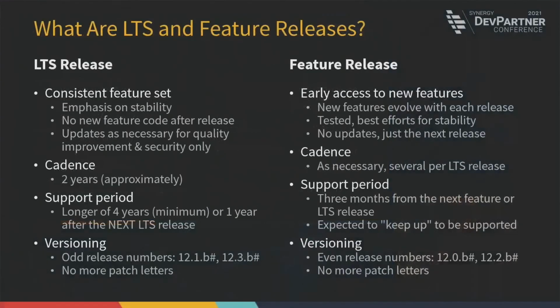So a little bit more information about these types of releases. With an LTS release, the idea is that it's a consistent feature set. So the total emphasis on LTS releases is stability of the platform and stability of the version and the product. So once an LTS release is made public, no new features will be added to that code base once it is released.